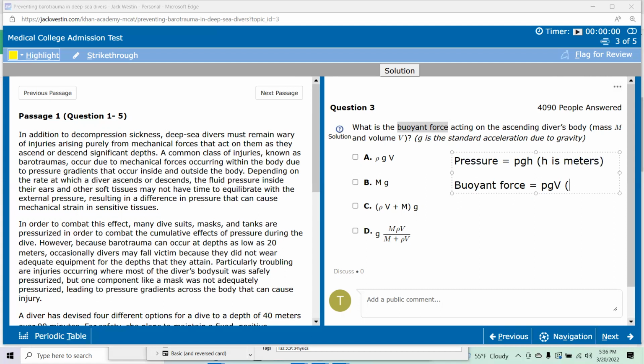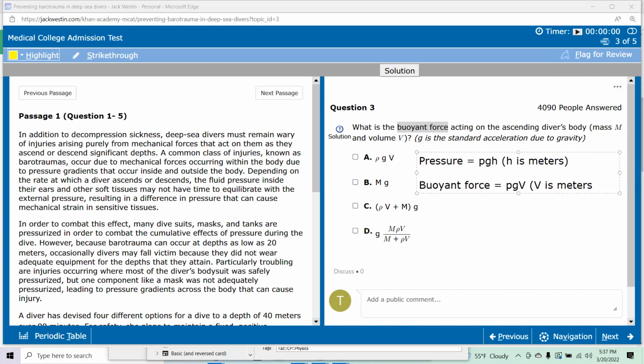And what is volume? Anybody know what volume is? Volume? Meters? How many meters? How do you get the volume of a cube?